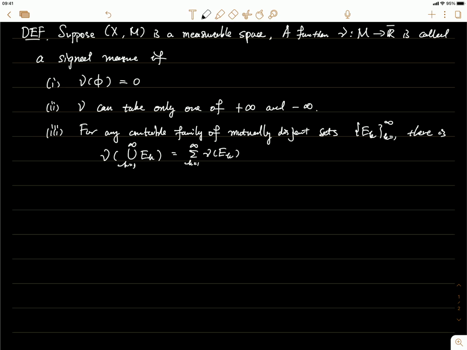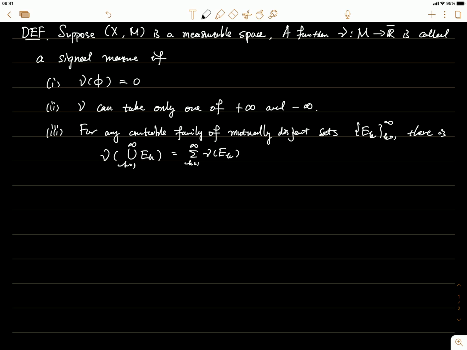You just change the way to measure the size of a set, but it still satisfies all the conditions for a measure. So we could have different positive measures defined on the same measurable space, and then we can also take the difference of them. That can give us the signed measure here.